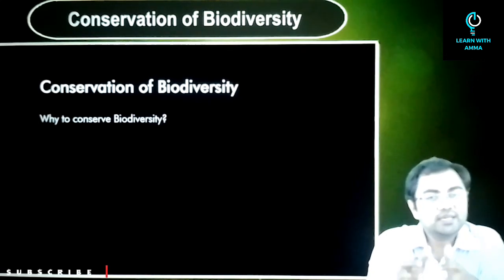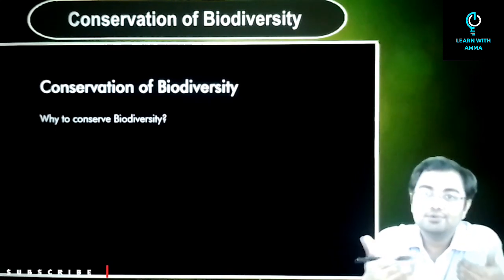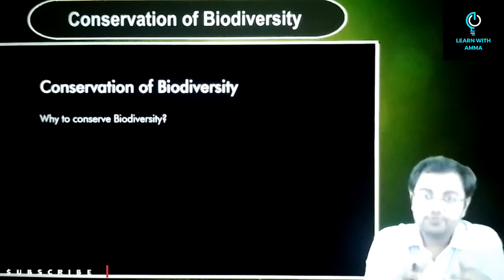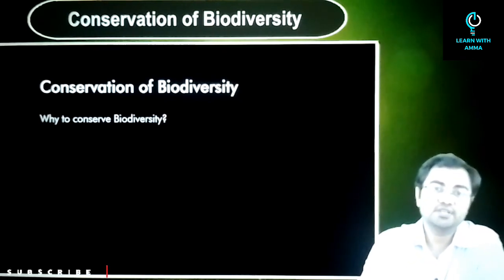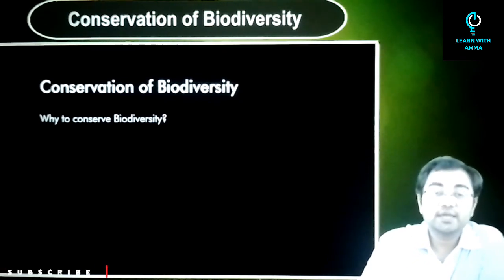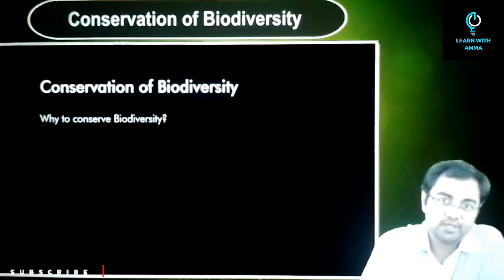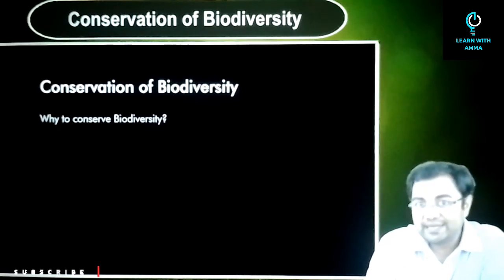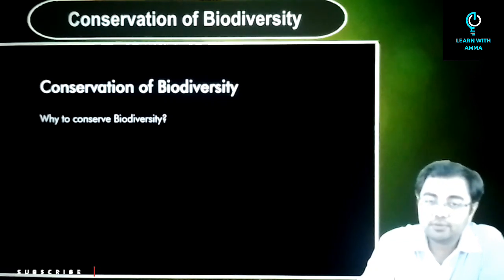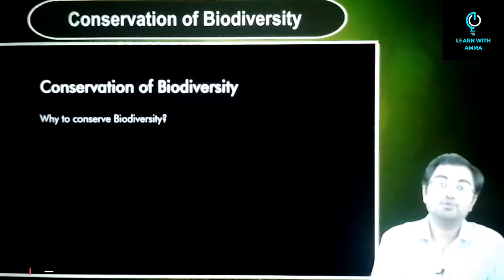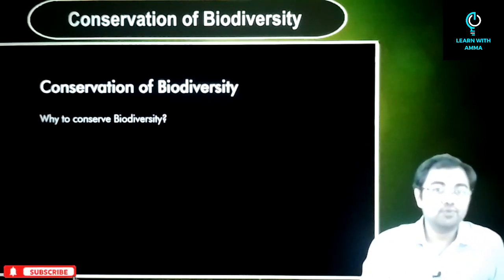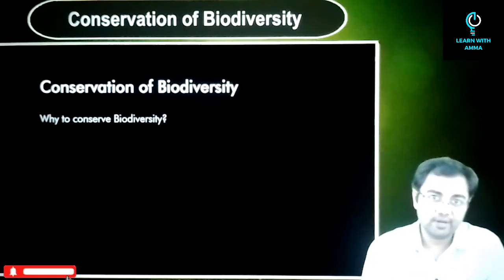But before that, we need to understand why we need to conserve biodiversity. The answer is very similar to what we discussed under impact of the loss of biodiversity. All the points that were negative in nature while we discussed impact of the loss would have to be converted into positive points if you want to show the value of biodiversity.